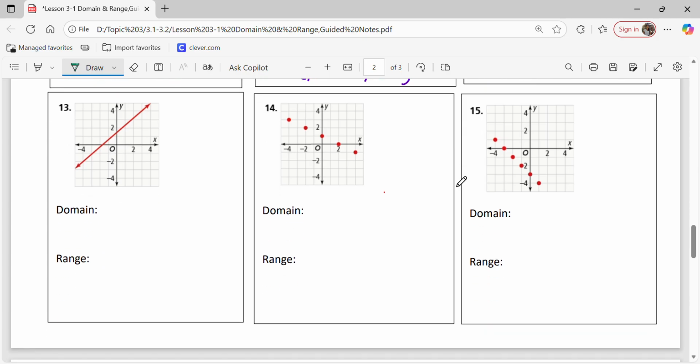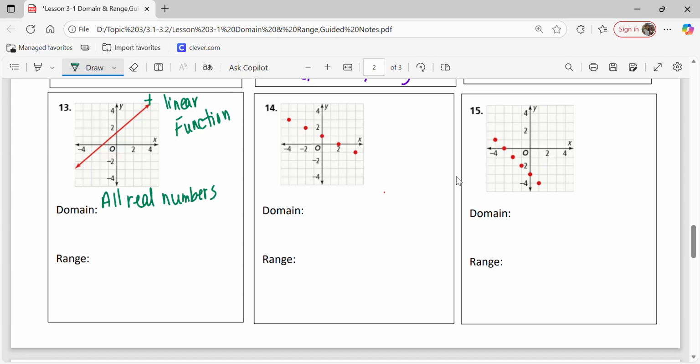Next, 13, there is no start or finish. It is going up forever and down forever. This is a linear function and it has a positive slope, which means that my domain would be all real numbers.